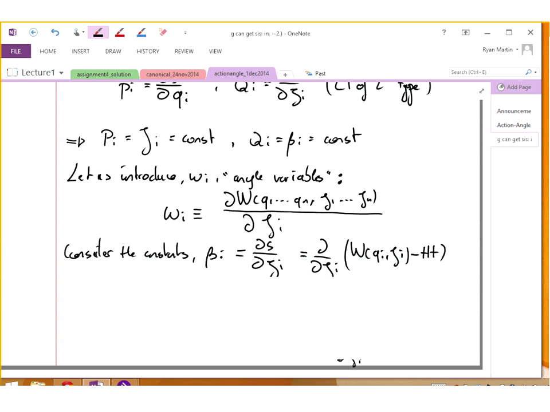So we can ask ourselves, so let's have the system have a period. So let capital Ti be the period of the motion of the coordinate Qi.